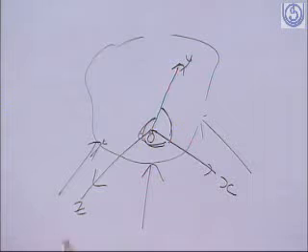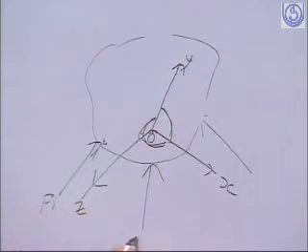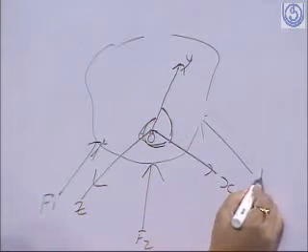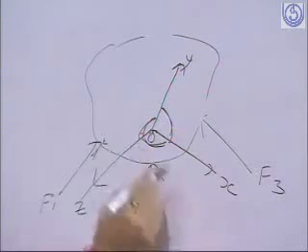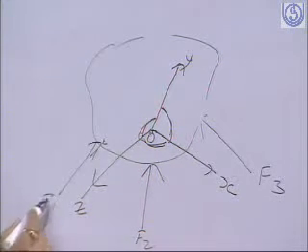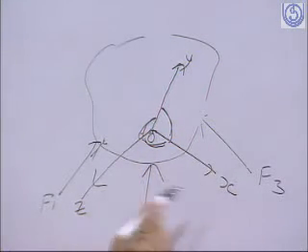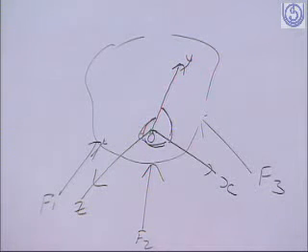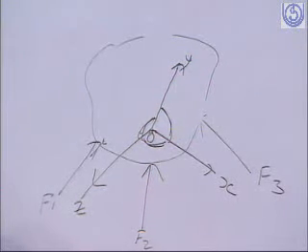Now if you resolve all these forces F1, F2, F3 and take components of all these forces in the x direction, the sum of all the components of forces acting on the body in the x direction should be equal to 0.